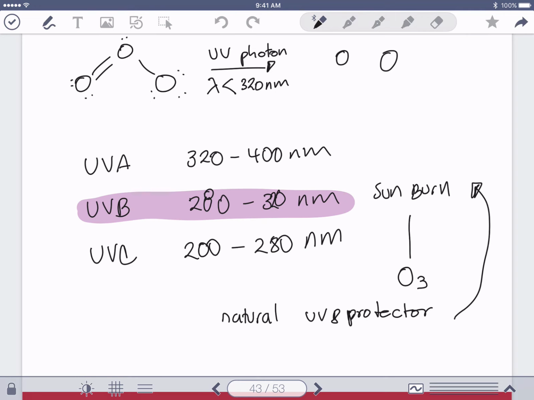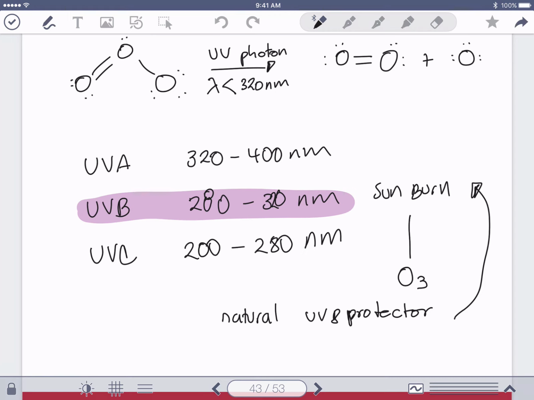And that's going to end up looking like this. So we have oxygen 1, 2, 3, 4, 1, 2, 3, 4, and then we have an oxygen atom that is by itself. So we're pretty much breaking ozone into oxygen gas and an oxygen atom by itself.